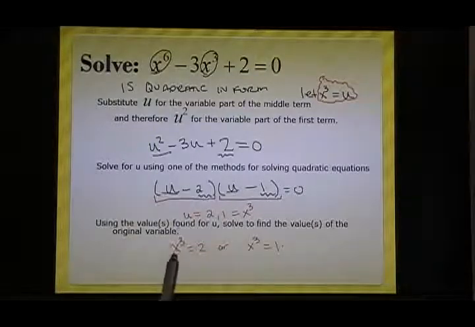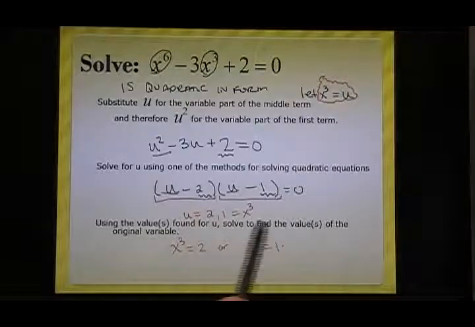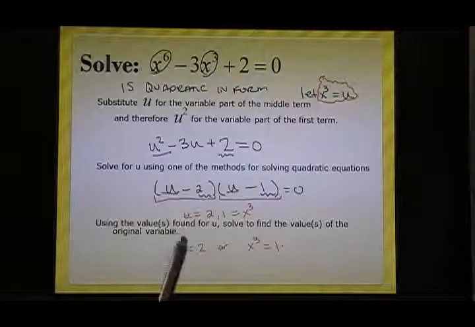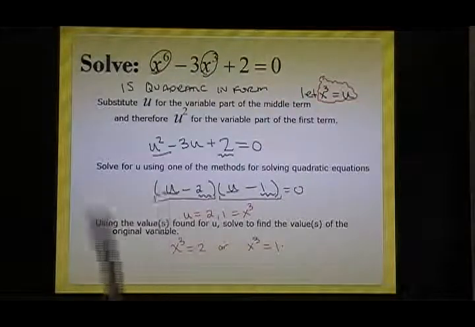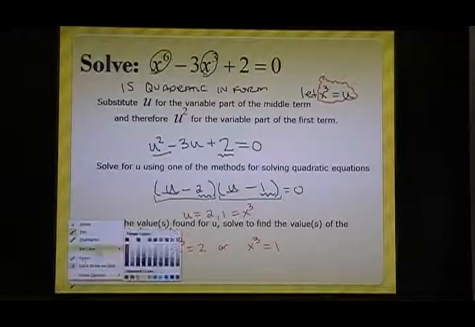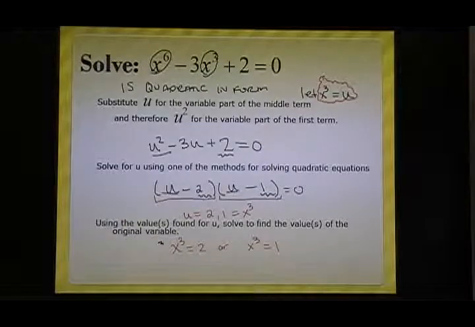Now to solve for x, I have two different equations, and you're going to have to pull from everything we've been discussing so far. If we have x to the 3rd equals 2, and we want to solve this equation, we have to get rid of this cubing, and we do that by taking the cube root of both sides.